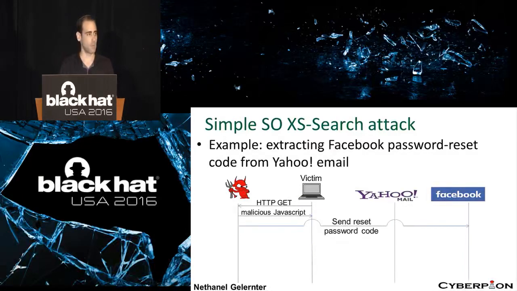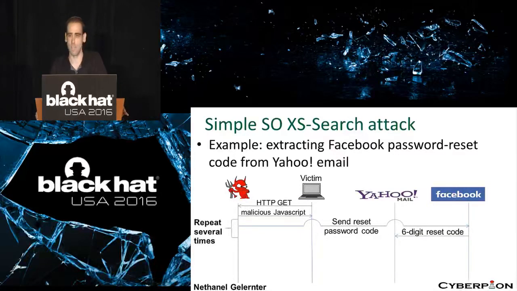And this tricks Facebook to send to the Yahoo email account of the victim an email with a 6-digit password reset code. Now, the attacker can repeat this process several times. In the Facebook example, when I tested it, I was able to repeat this process 15 times. And of course, Facebook sent the same code every time.